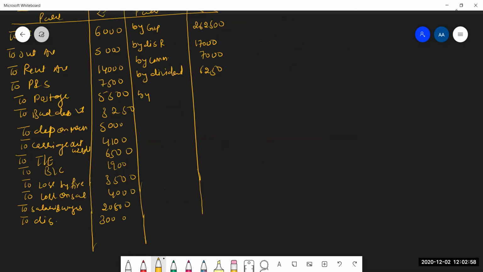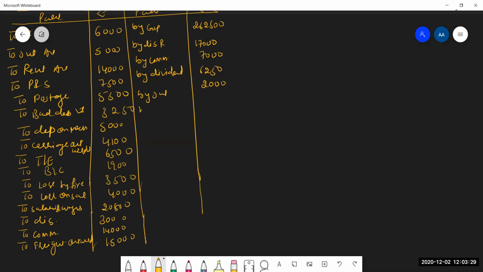Then discount allowed. To discount, no need to write allowed, 3,000. Interest received, by interest, which is 2,000. Then commission paid to salesman. To commission, no need to write paid to salesman, only commission. You have to just write the name of the account. Then freight inwards, if it is freight inward, then it will be written on the trading account, 15,000.